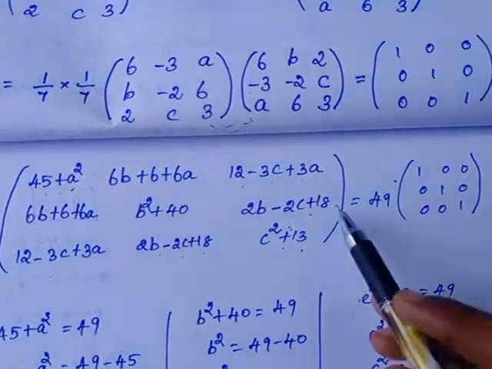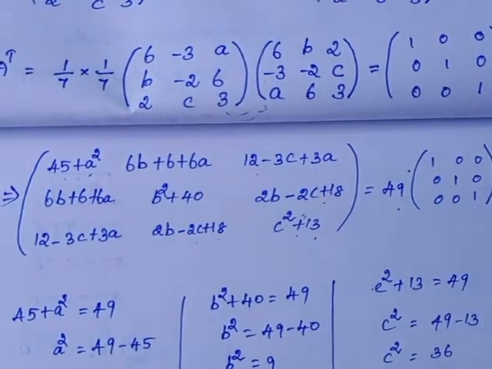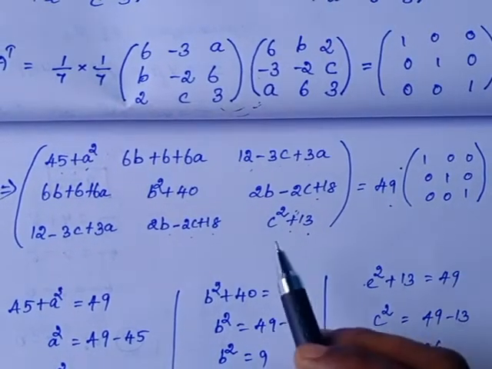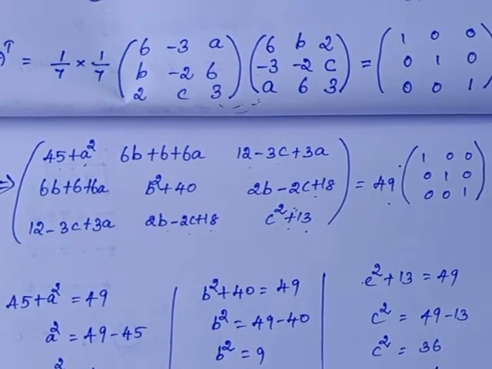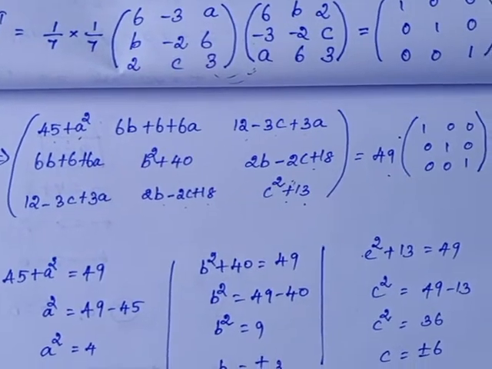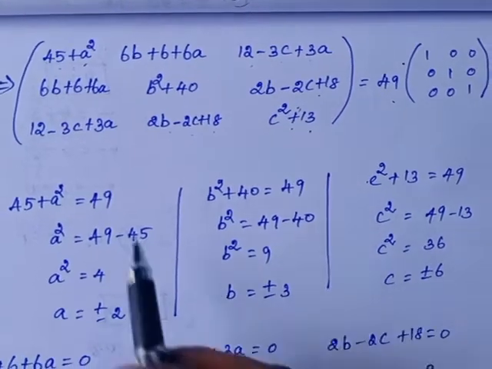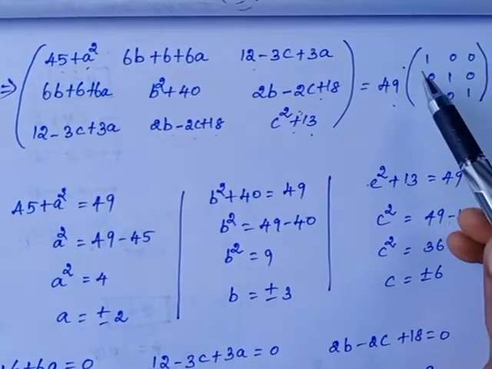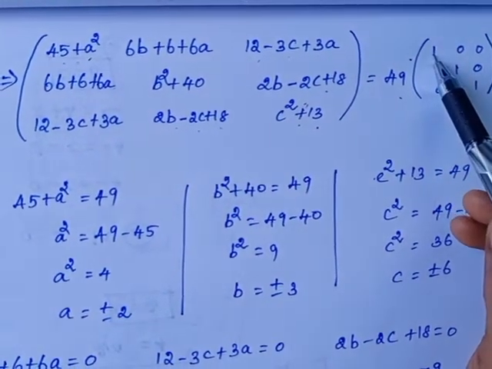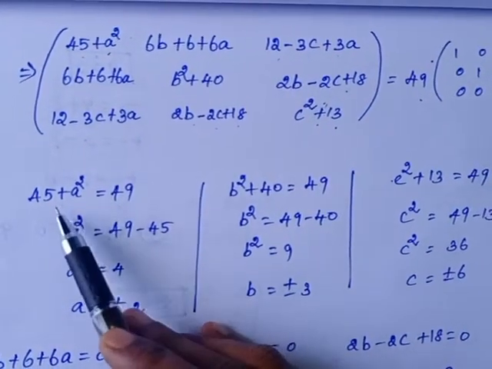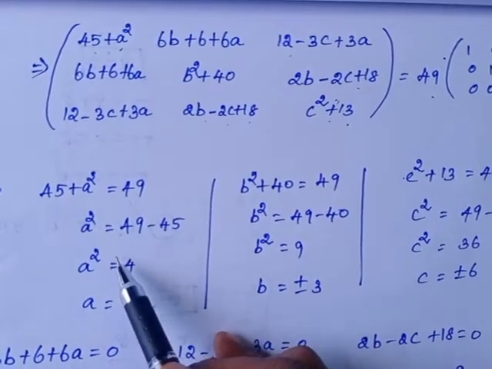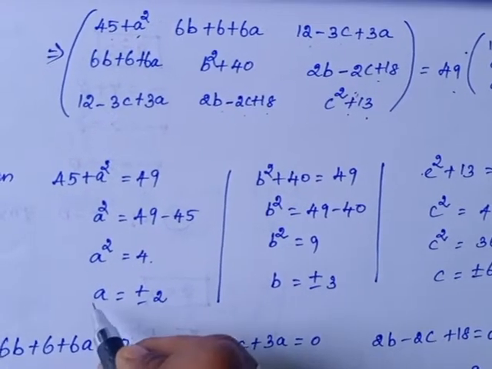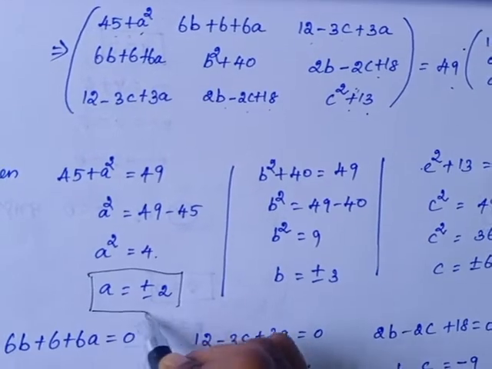This matrix is equal to 49 times the identity matrix. Now the two matrices are equal, so the corresponding places are also equal. Here the first value is 45 plus A square, and multiplying 49 with 1 gives 49. Equating, A square equals 4, so A equals plus or minus 2.